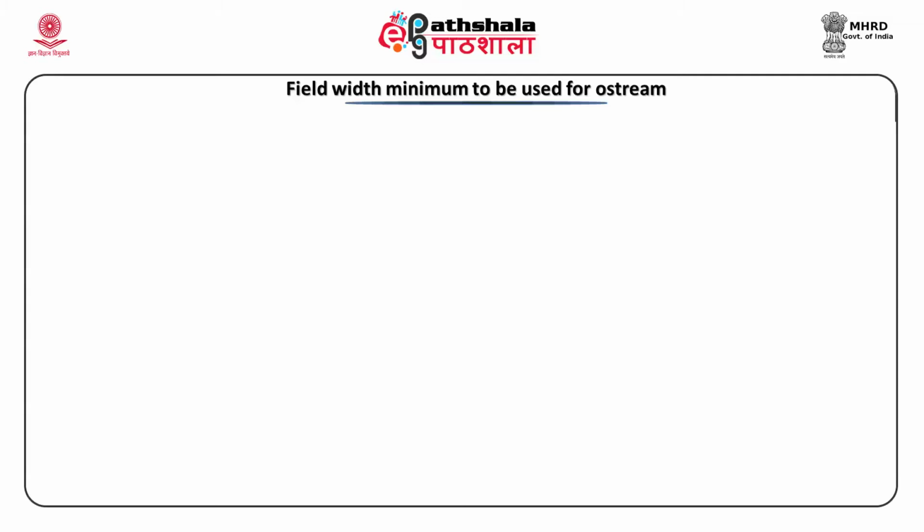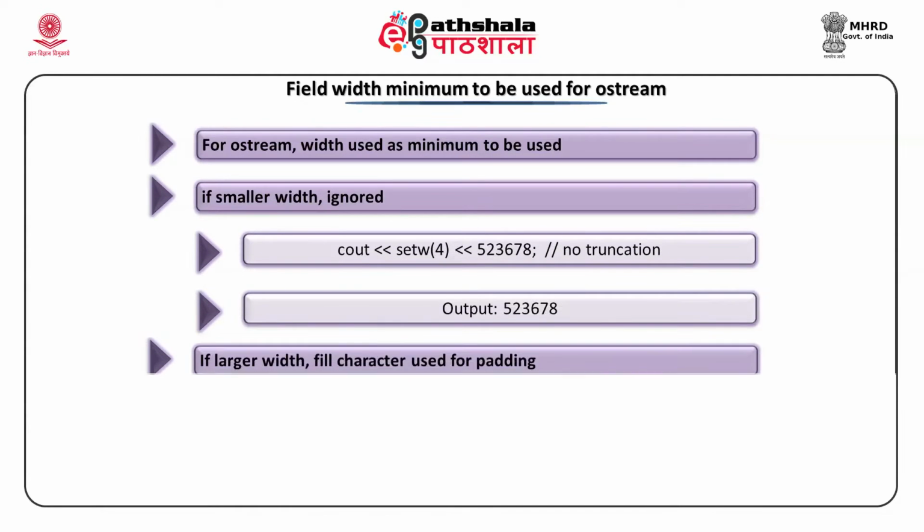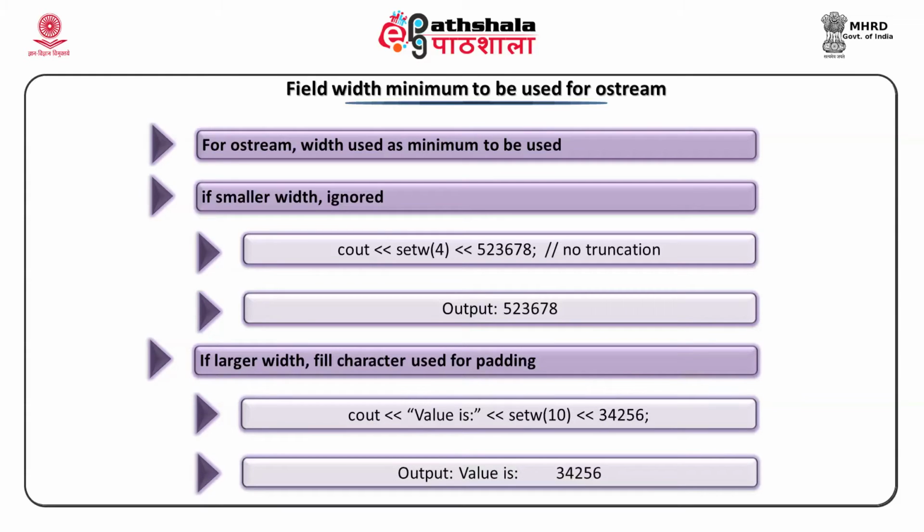Now, another thing is regarding what if the specified width is greater than or larger than the required one. In this case, if we are using it for output for ostream, the specified width is considered to be the minimum width to be used. That means, if the width is smaller, then it will be ignored. For example, I say setw(4), but the item to be displayed is 523678.